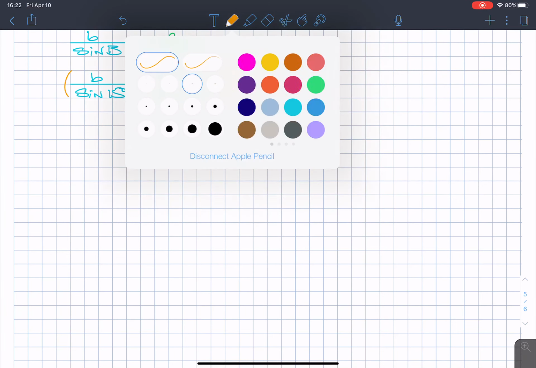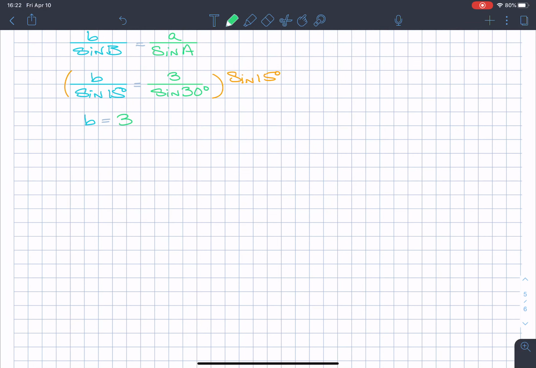we get that little side b will be equal to 3 times sine of 15 degrees, all divided by sine of 30 degrees.